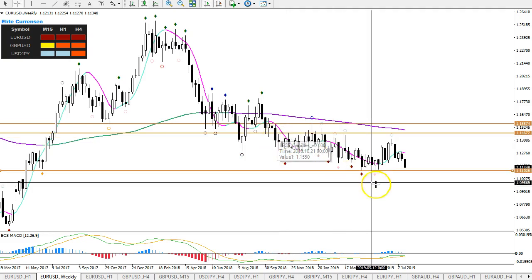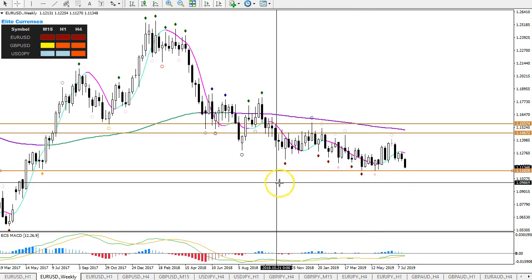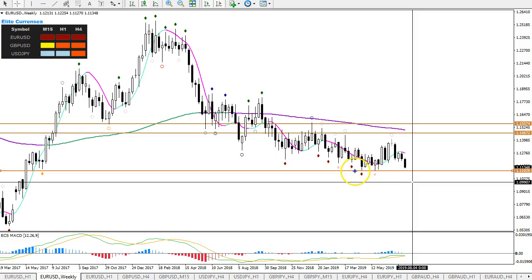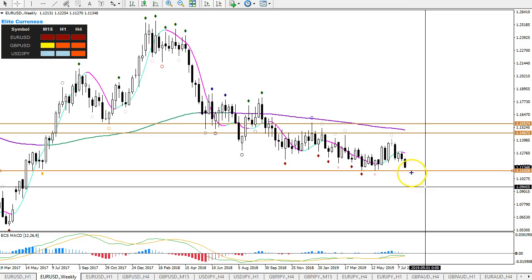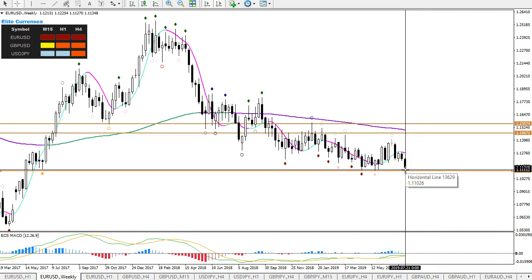Price is again approaching this support zone, so I think a bounce for the moment is more likely, considering the fact that there was a double bottom. Price made a decent rally to the upside, and this is a correction, I think, that is taking quite a long time. If you look at the time patterns, this is candle number 8, I think, on a weekly chart. So for the moment, a bounce, I think, is more likely.